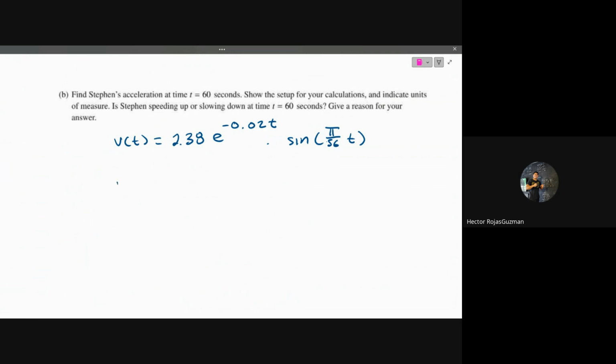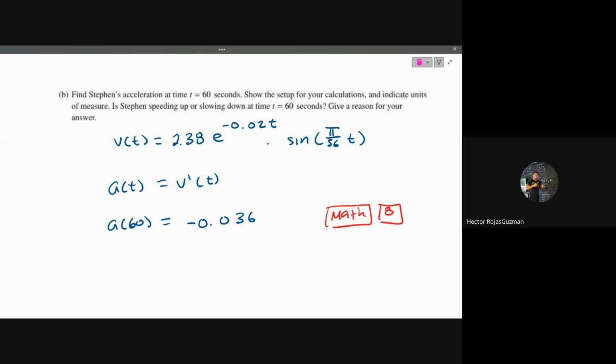So a of t, which is the derivative of velocity, is going to be done through the calculator. So you're going to do a of 60 is equal to -0.036. And for that, you're going to use math 8. The calculator will help you evaluate a derivative.